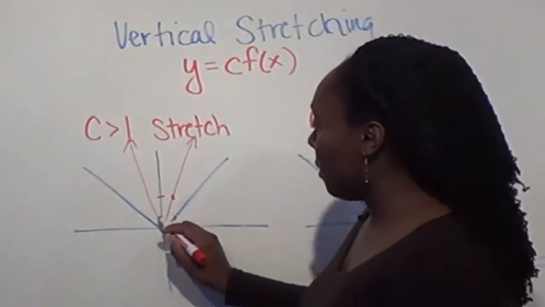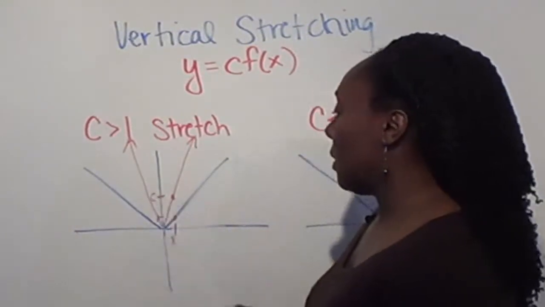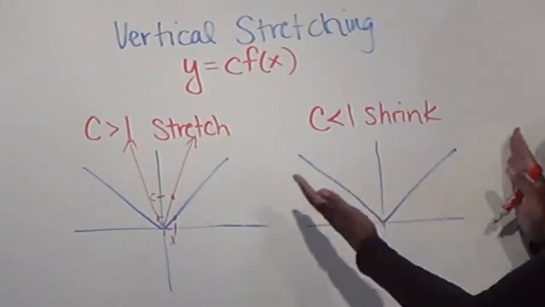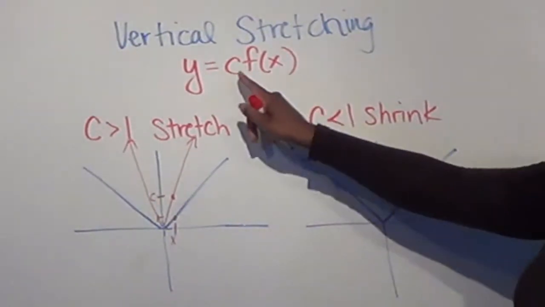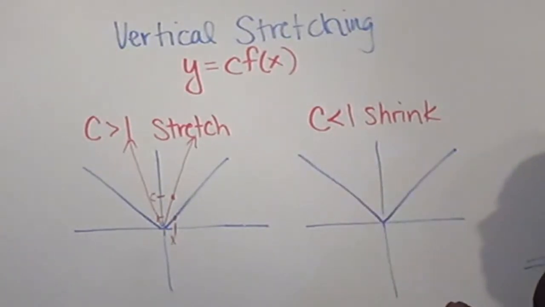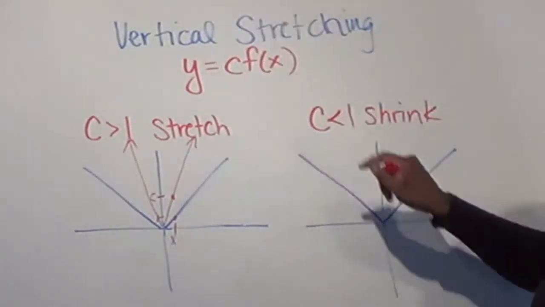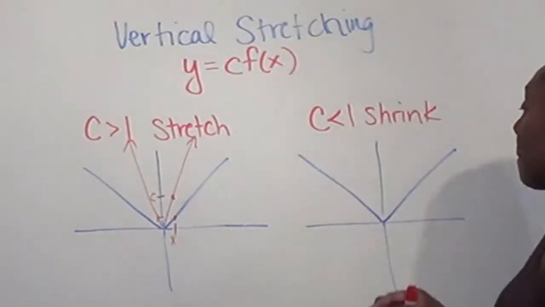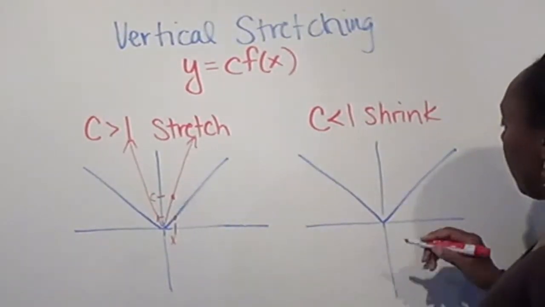So if this is a 1, this is going to be c. The same thing is true of the shrink. So if I'm looking at my curve and I'm looking at c where c is less than 1, now remember, c is greater than 0 here, so I'm thinking things like a half or a fourth, some fraction less than 1.